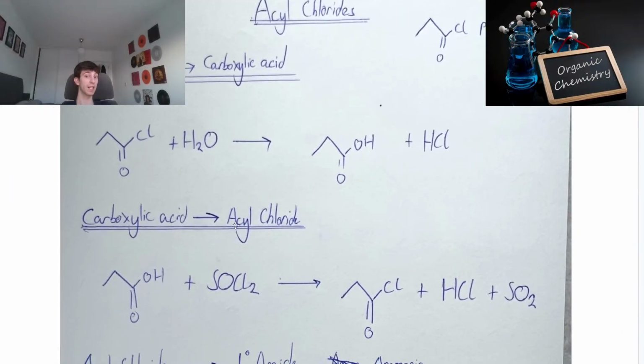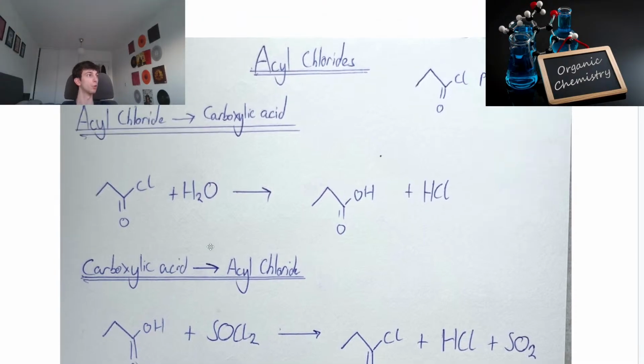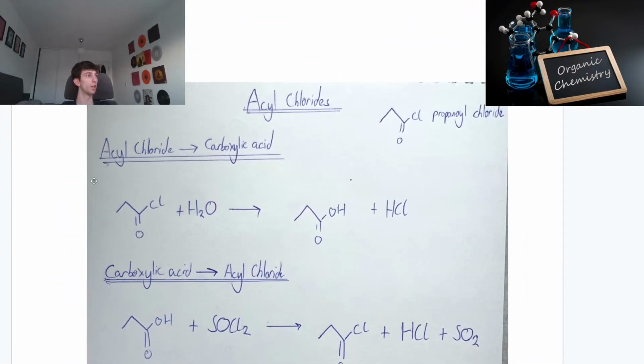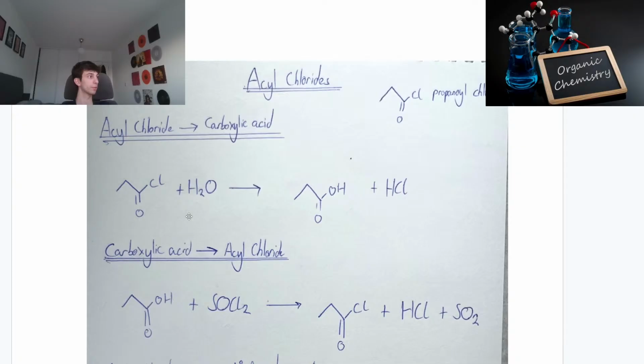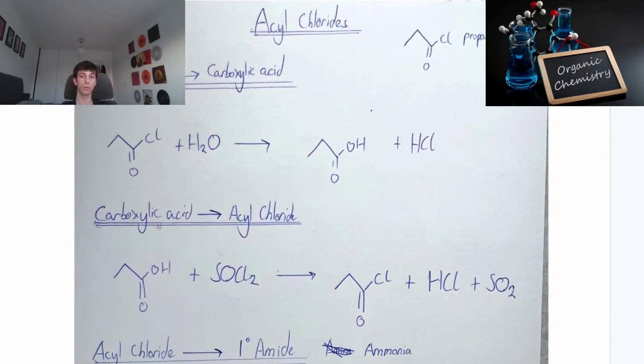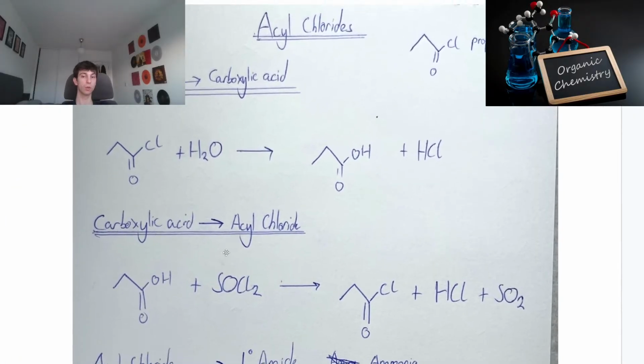Then going from a carboxylic acid to an acyl chloride, we need SOCl2. Remember, guys, on your reaction pathways for OCR A, they're at the bottom and tend to be small arrows as well. Two very important ones. So carboxylic acid to an acyl chloride, we have our carboxylic acid and SOCl2. It's very good to think about your products and then what you can make from them.